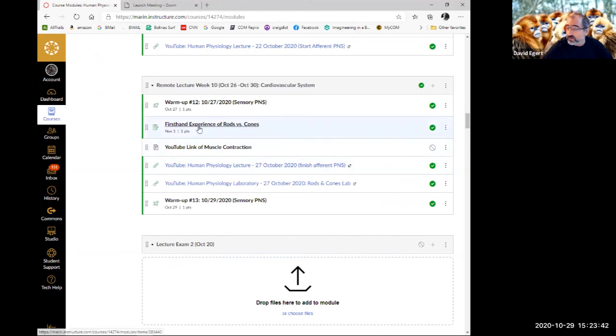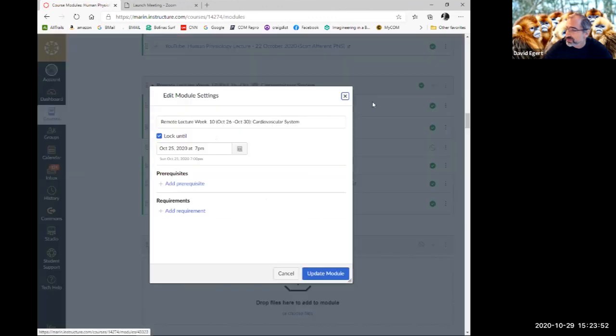It's called First-Hand Experience of Rods and Cones. It's here in the module for this week, which I need to rename. This is not cardiovascular system. Let's just change that right now. This was finished nervous system.